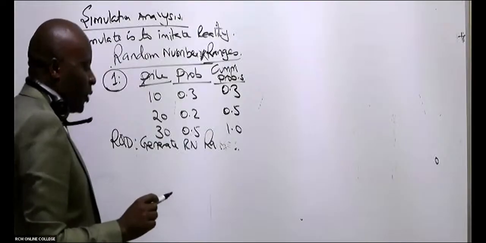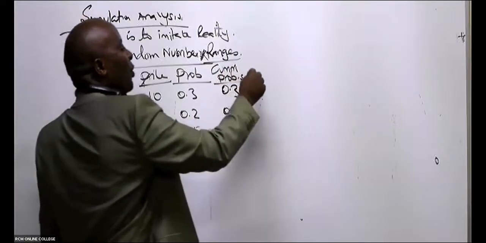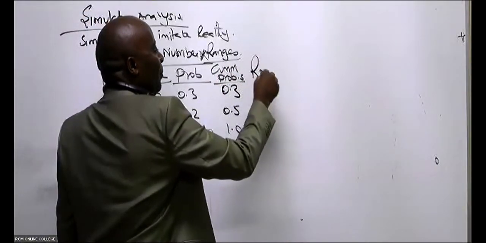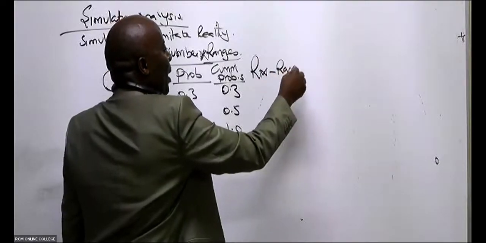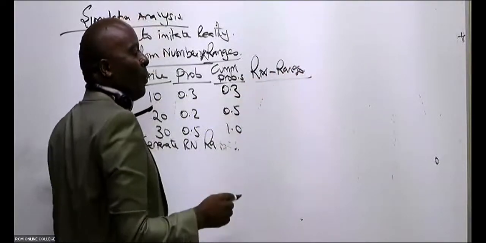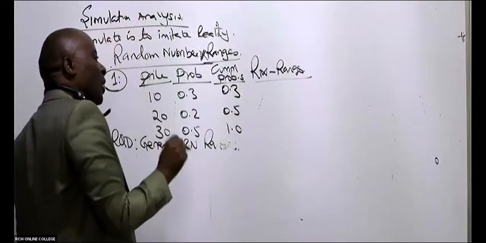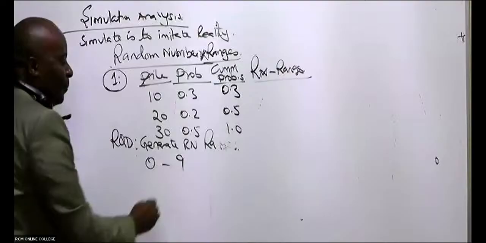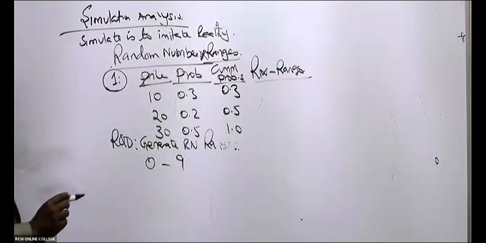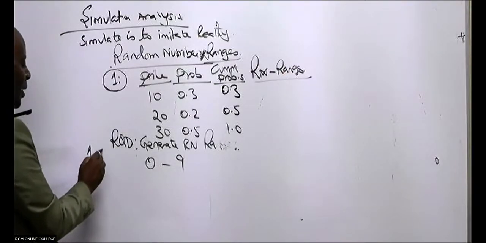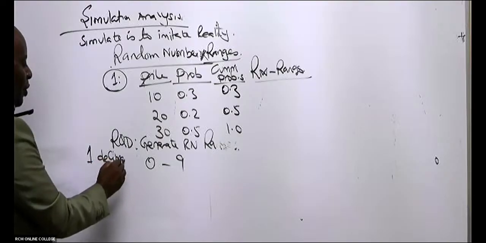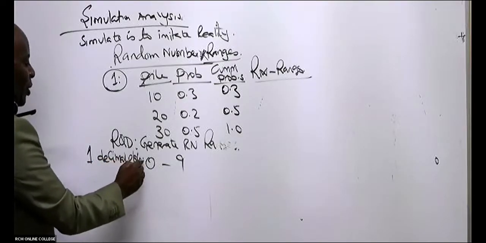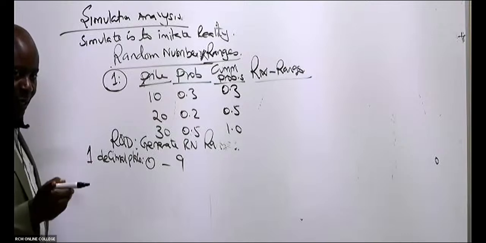Now from there, ladies and gentlemen, you'll be able to give us what we call random number ranges. So random number ranges, what do we have? Remember, these ranges begin from 0 to 9. So this is when you have 1 decimal place. Whenever you have 1 decimal place, we have here 0 to 9.